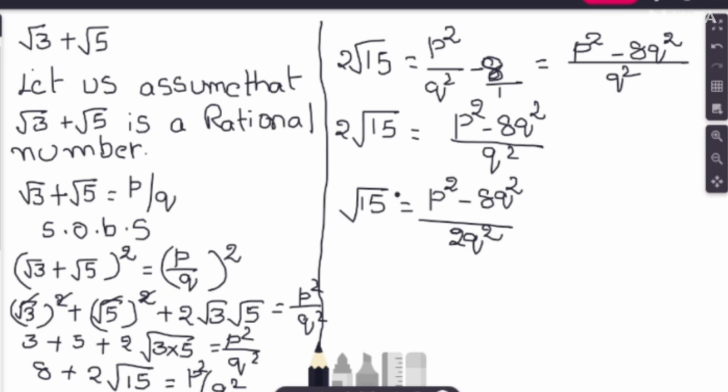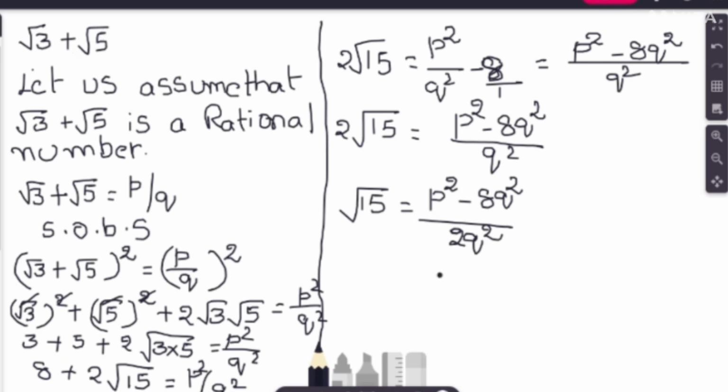But root 15 is an irrational number. Right side is a rational number, left side is an irrational number. So how can they be equal? They are not equal, but in the middle there is an equal to symbol. So this is wrong. Why? Because we assumed root 3 plus root 5 is a rational number.